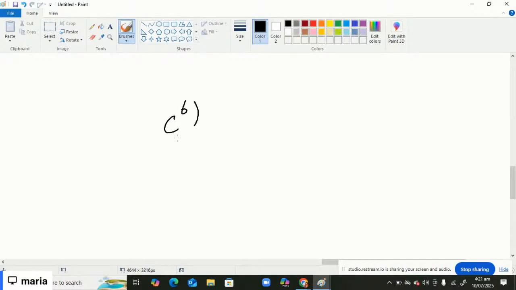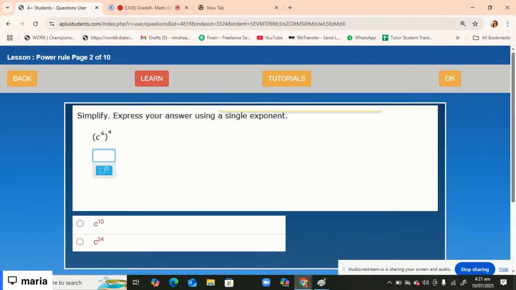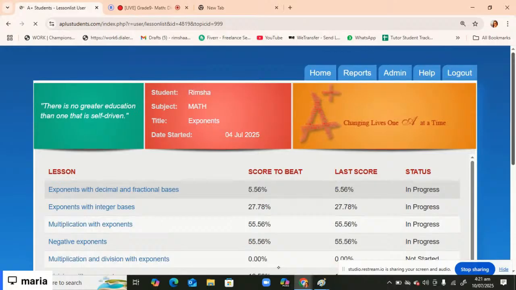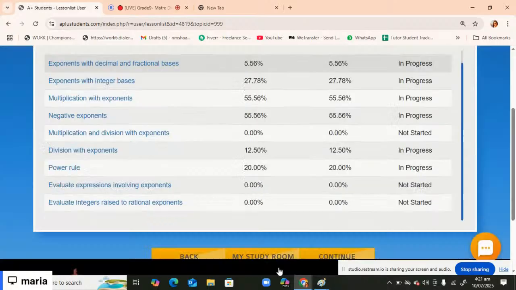How can we solve it? C, then 6 times 4. Just multiply these two numbers and then we write it. So here is our answer. Hope you guys understand this lesson as well. So solve the rest of the test questions regarding this lesson by yourself.